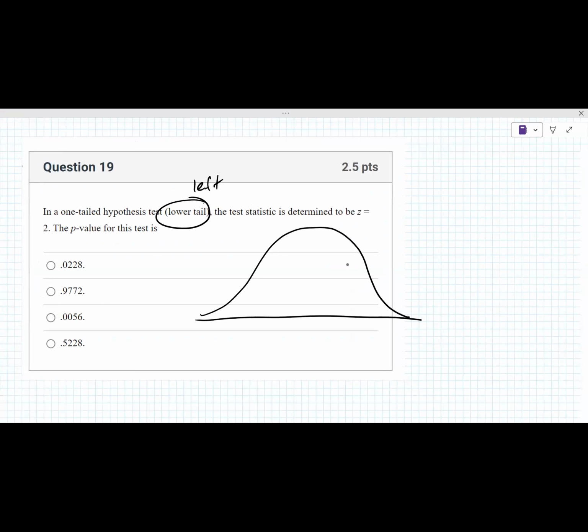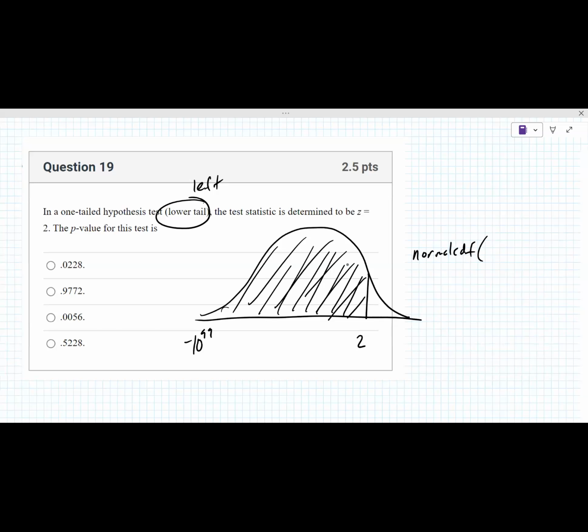The p-value for the test is, so here's 2, and we want all the area left of it. So this is where you use your normal CDF, and you need your lower. Your lower is minus 10 to the 99. Your upper is 2. Your mean is 0, and your standard deviation is 1.